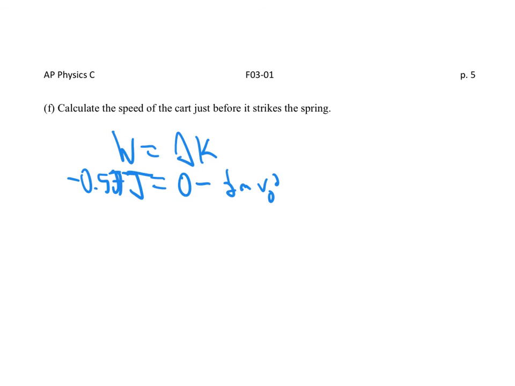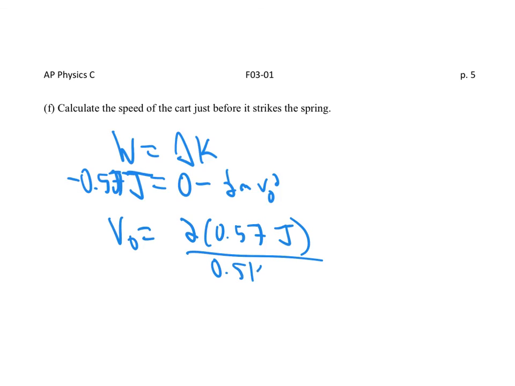The minus is because this is the work done on the cart, which is opposite to the work done on the spring. Now it's just plug and chug. v0 is 2 times 0.57 joules over a half kilogram, square rooted, which comes out to be 1.5 meters per second.